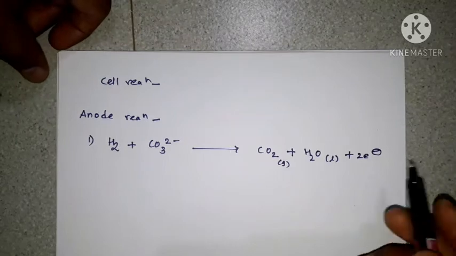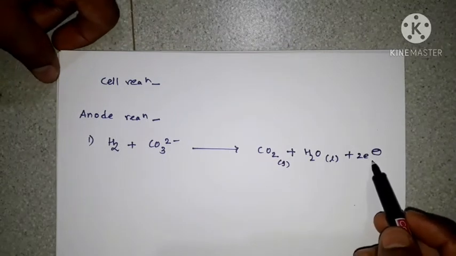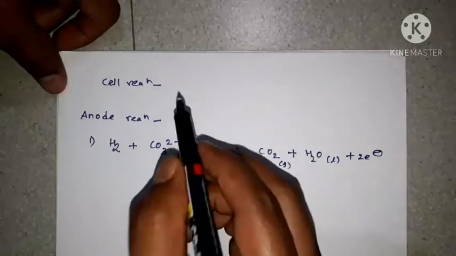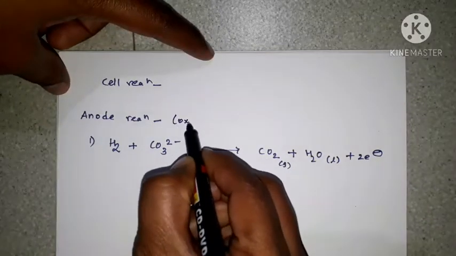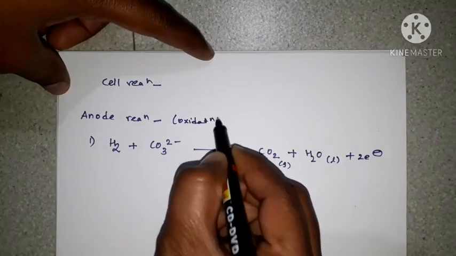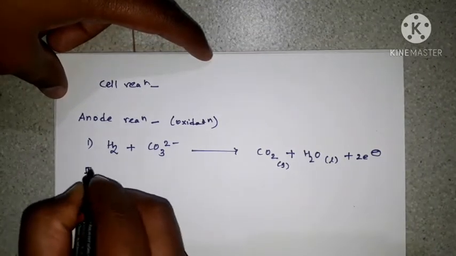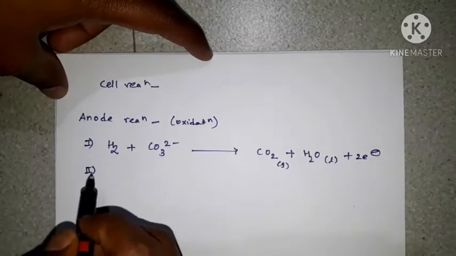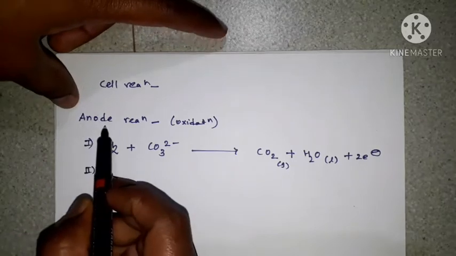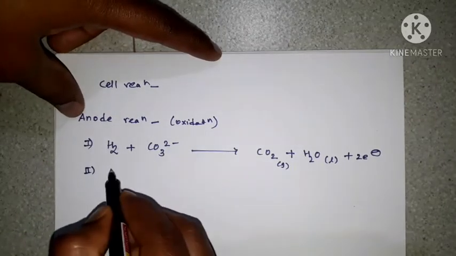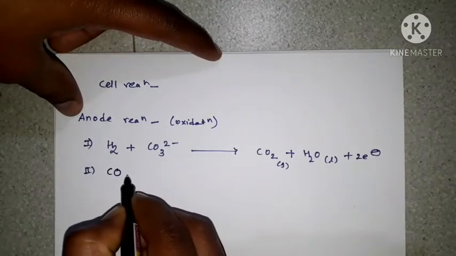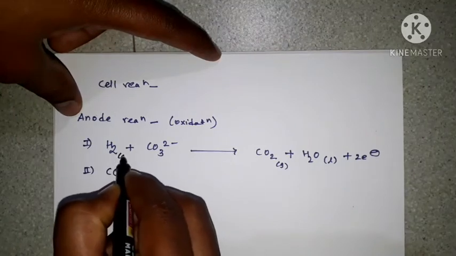The 2 electrons are generated on the right side, which means oxidation takes place on the anode. Then another half reaction also occurs on the anode, also oxidation, with carbon monoxide gas.